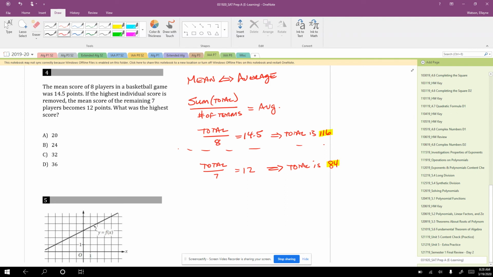With the highest score, the total points scored is 116. With the highest score removed, the total is 84. So that means that the highest score must be the difference between the two, because all you're doing is removing it. So 116 minus 84, and you get 32. So C is your answer there.